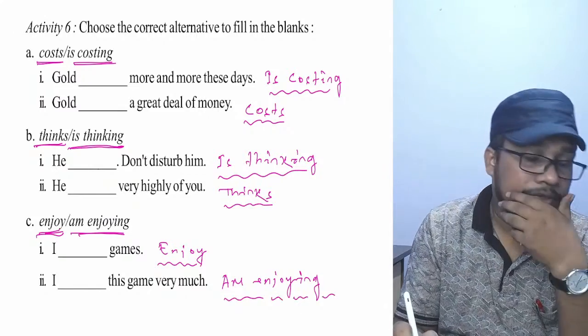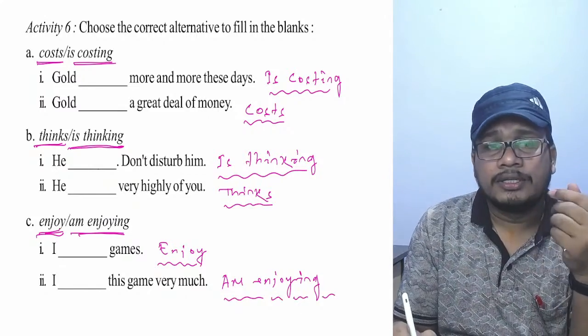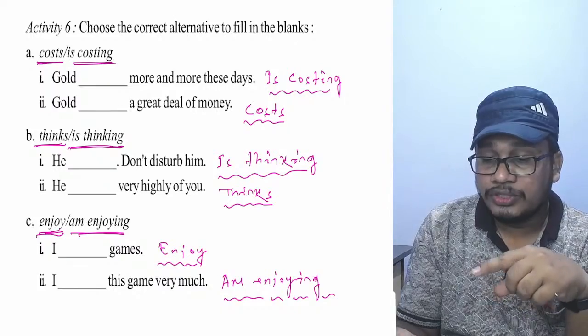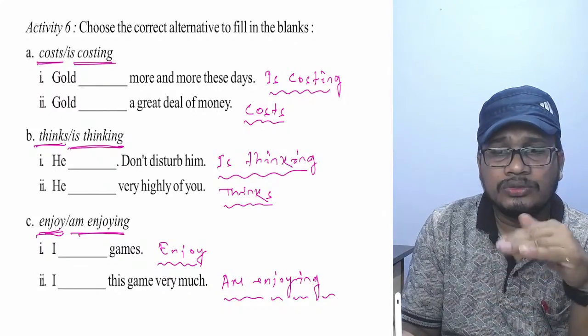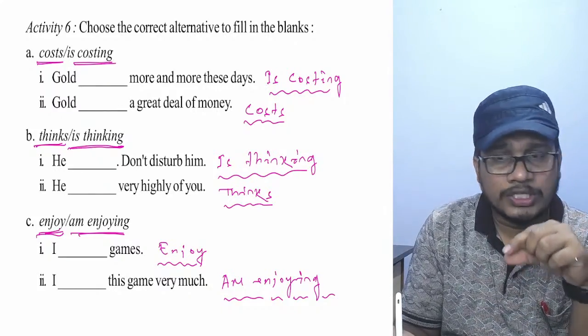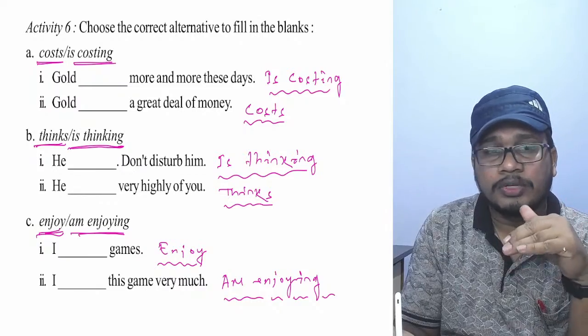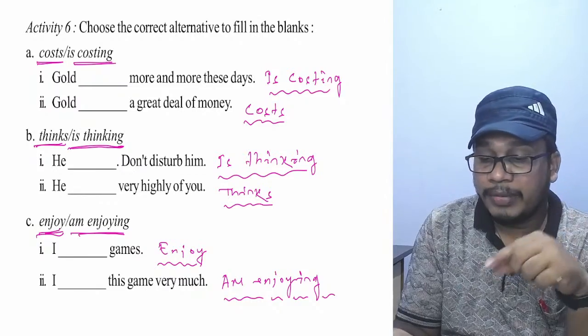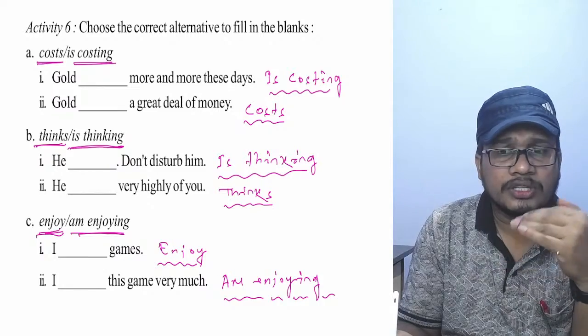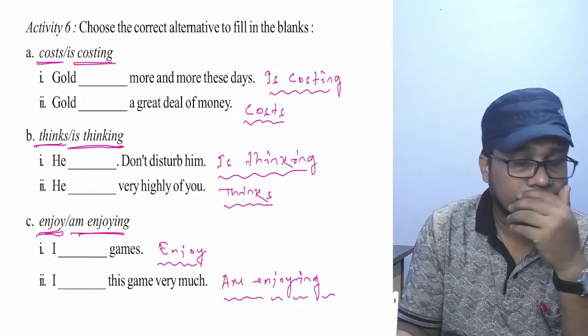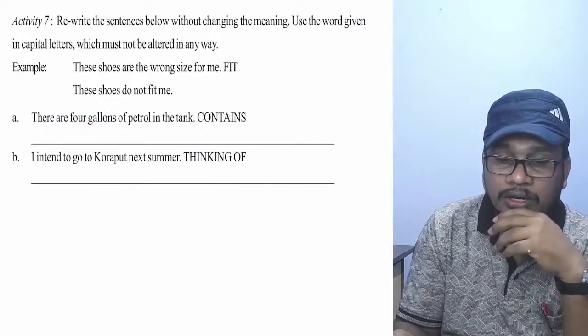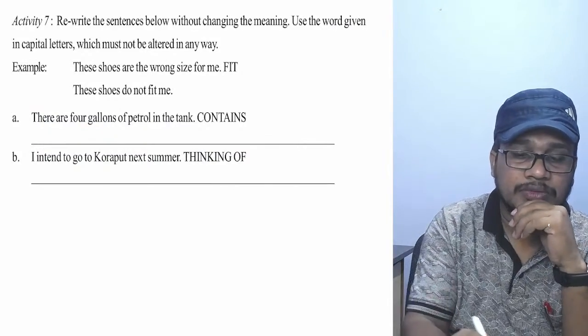So here we use the verb in ing form. They usually do not use it in progressive form, in continuous form, but we make them dynamic here because this shows a progressive action. Okay, understood? Next, coming to the next activity, that is activity 7.